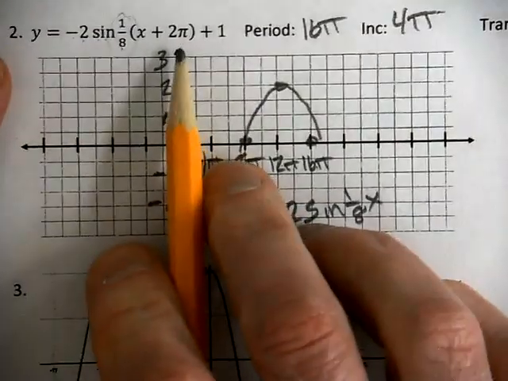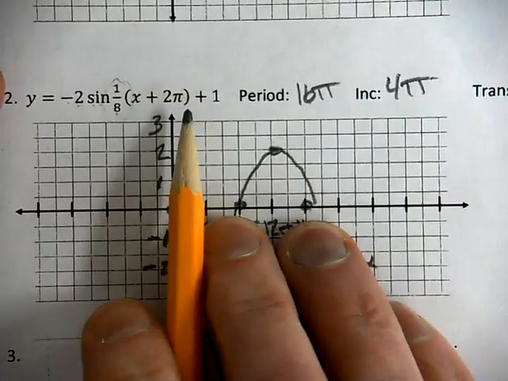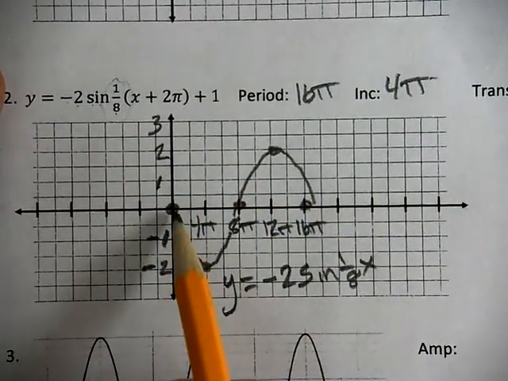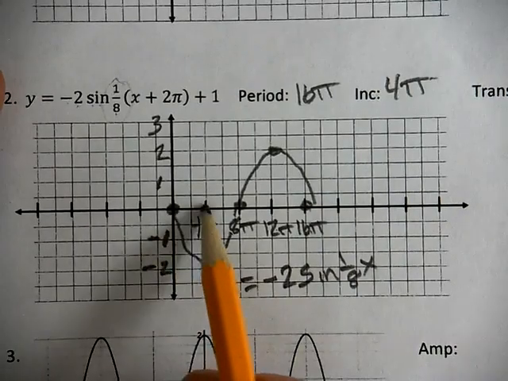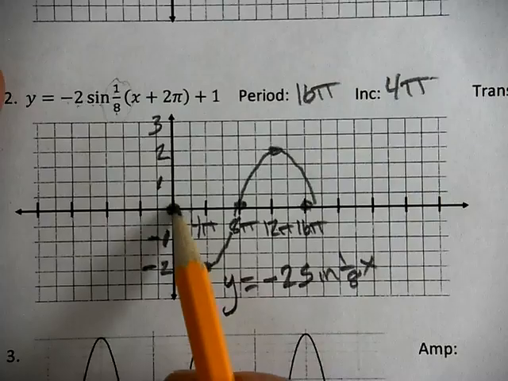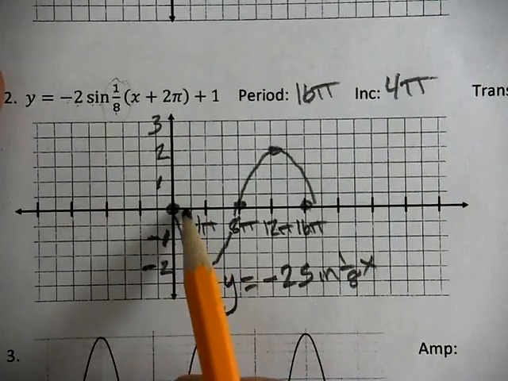So next we're going to translate it 2 pi and then up 1. Well, that's kind of funny, since this big step is 4 pi, 2 pi is just going to be half of that.